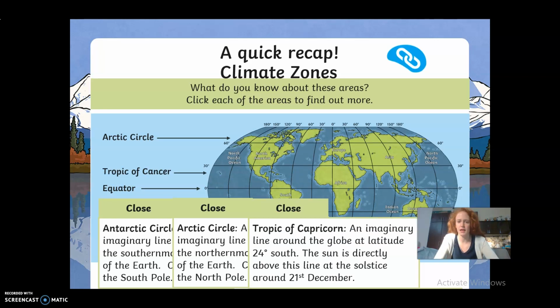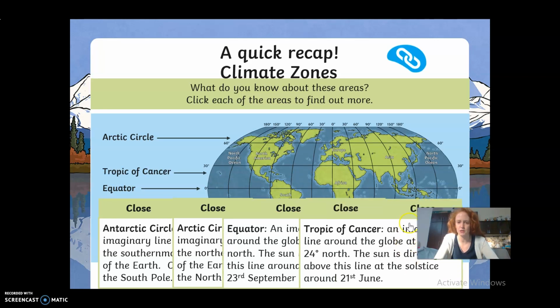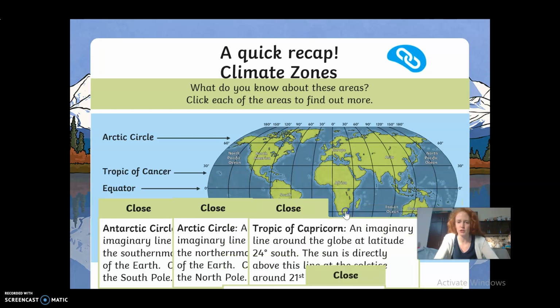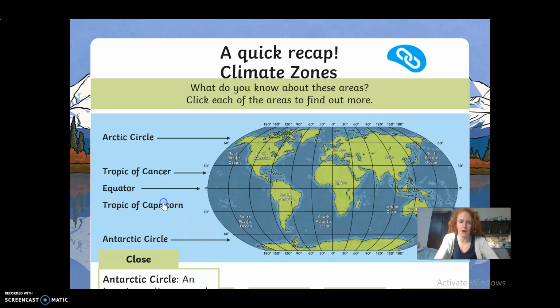There is a little bit of information about each, but I do hope that you already know this information. I think the most important thing is to know about the degrees and where they lay, and whether they lay in the north or in the south, which hemisphere they lay in, okay? And remembering the degrees. So again, equator 0, tropics 23.5, Arctic, Antarctic circles 66.5. You just need to work out which one is north and south.